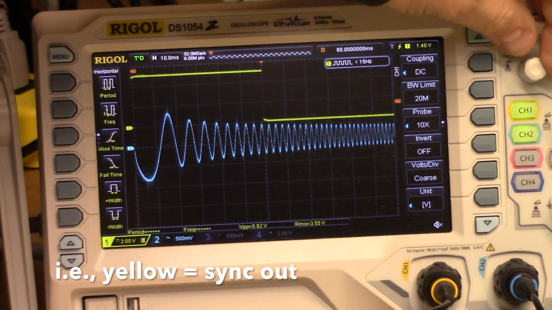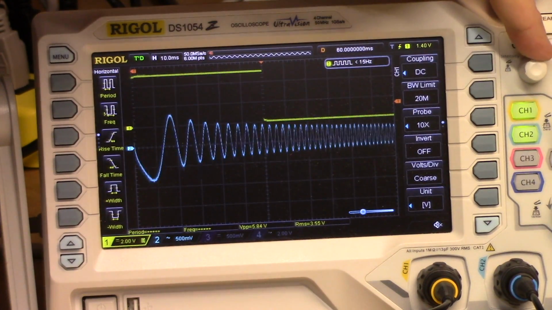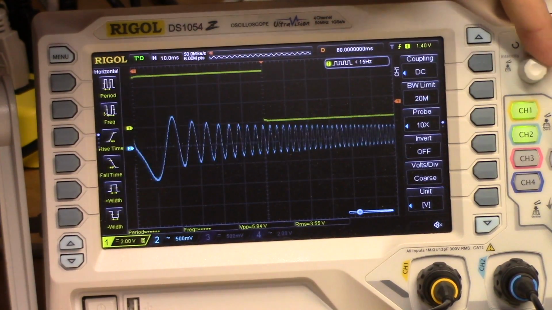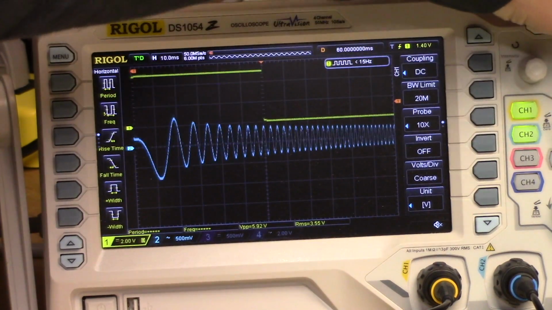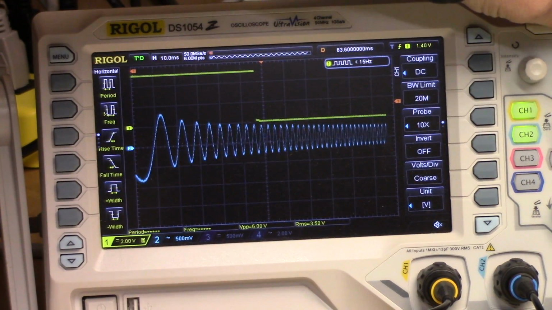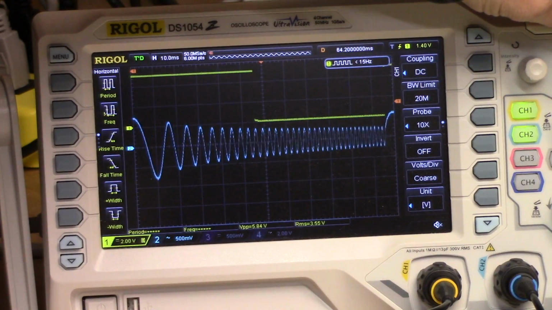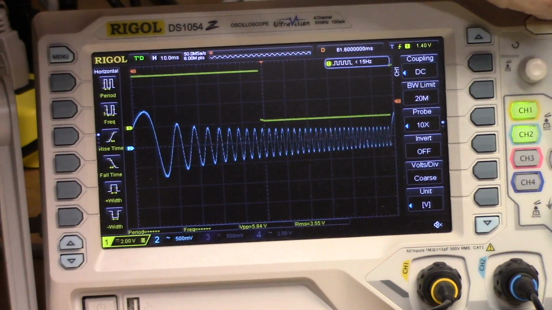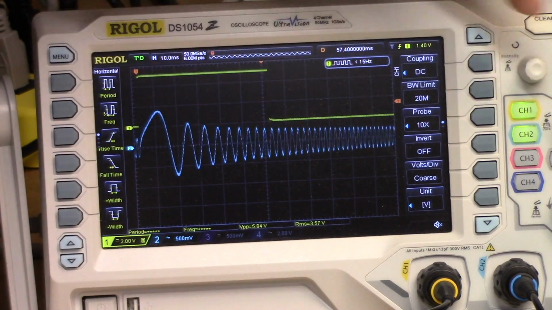You can see that if I move this window over a bit, that would be this one here. So you can see there I'm starting a new cycle, and if I move it the other way, you can see there's the old cycle ending.